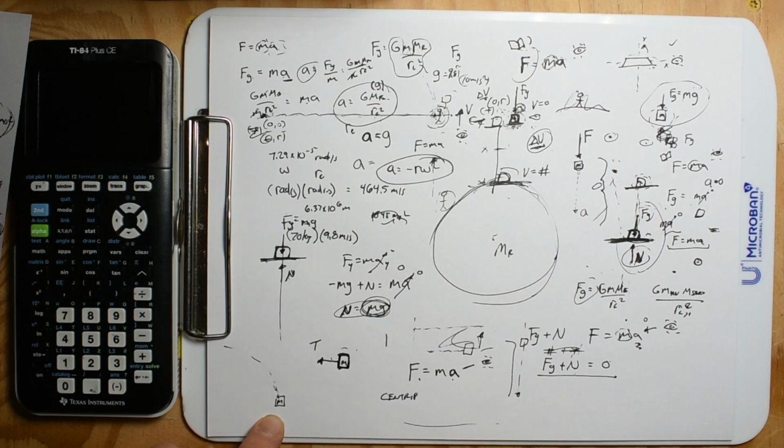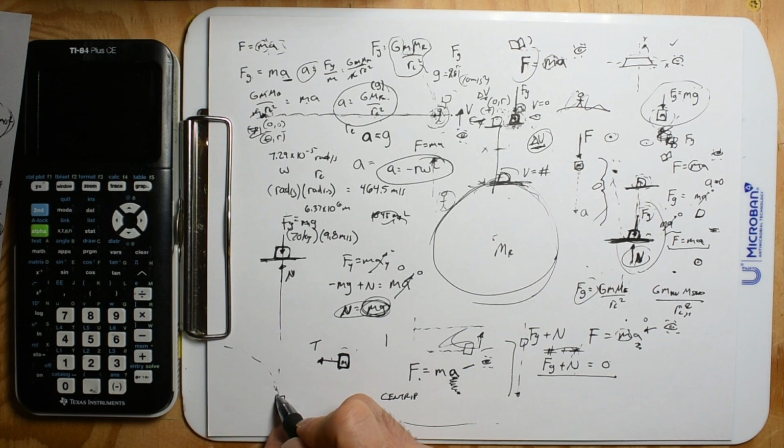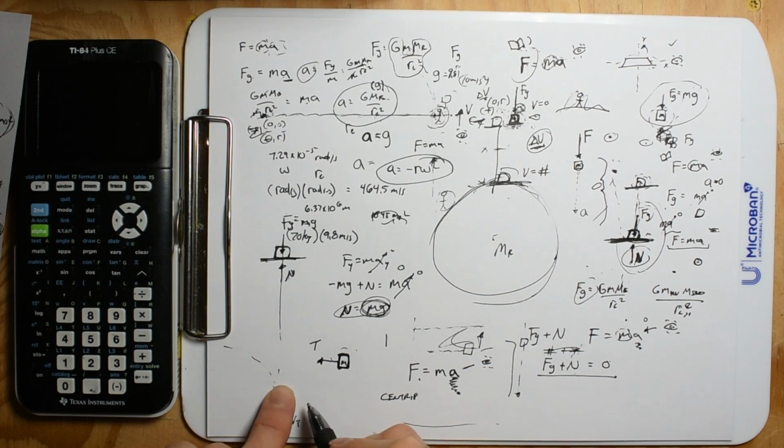The initial tangential velocity is totally irrelevant, because it's not a form of acceleration in itself. It wouldn't matter if it's not moving, but we do need some sort of movement.